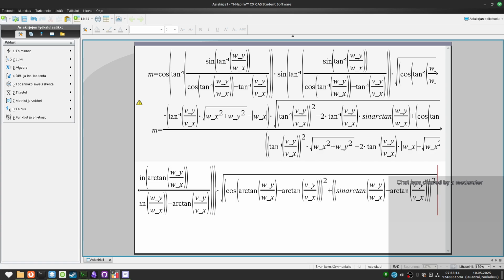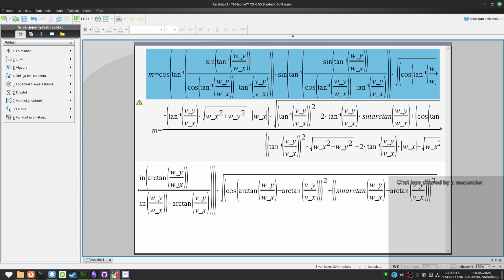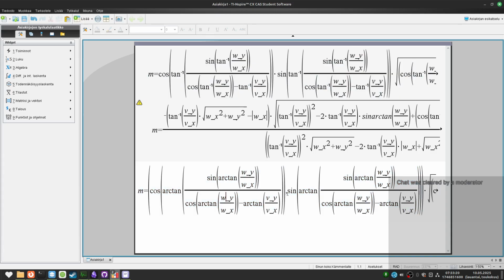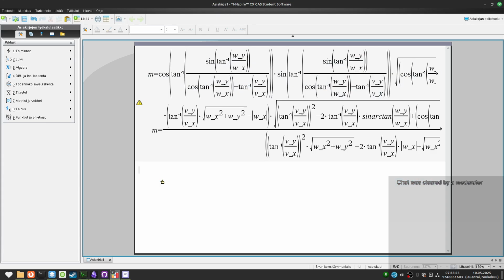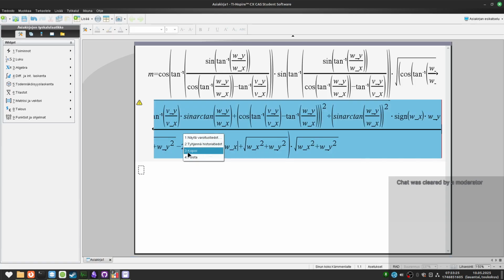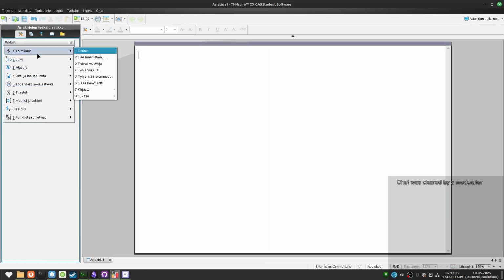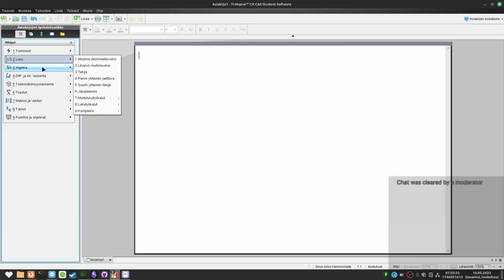It accepts everything else, the fact that it's a vector, but I don't know how I can specify a vector. These are like complex number things.